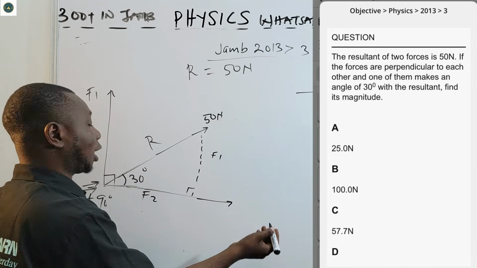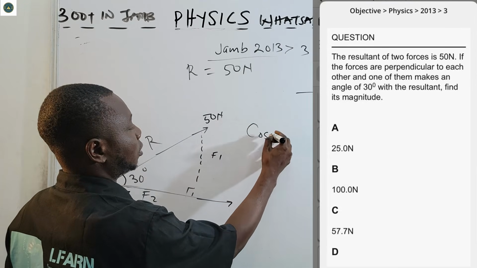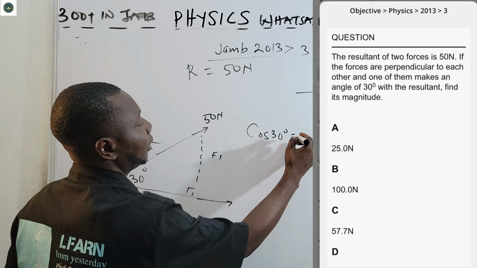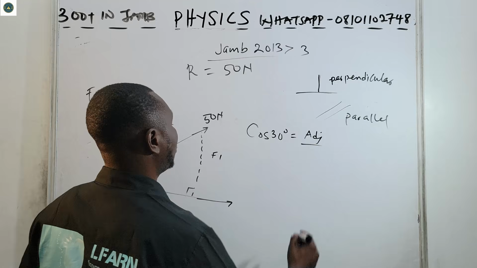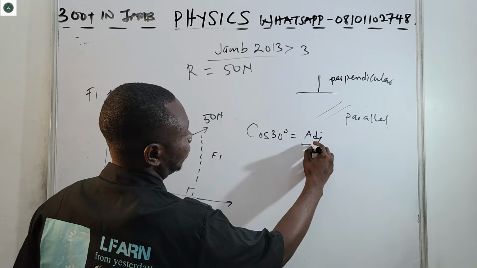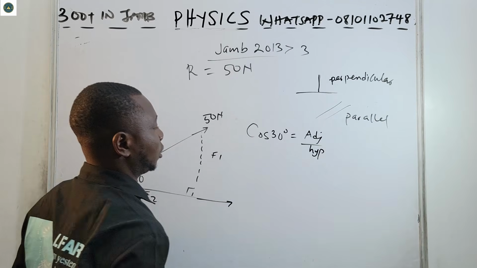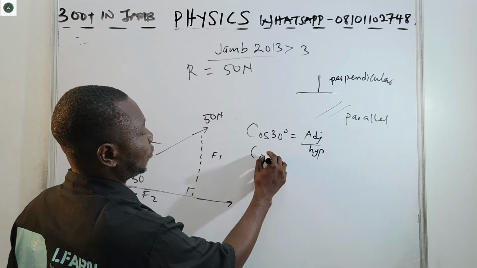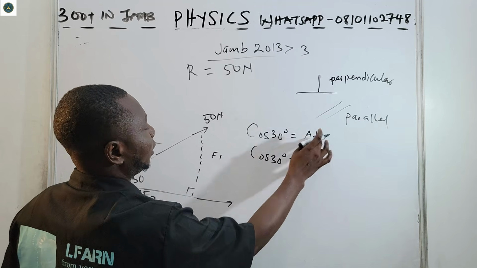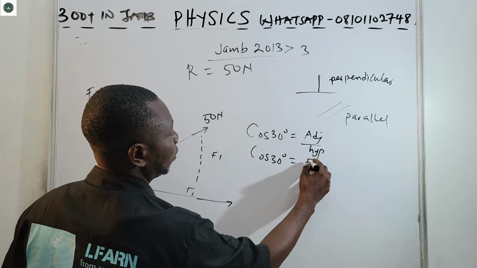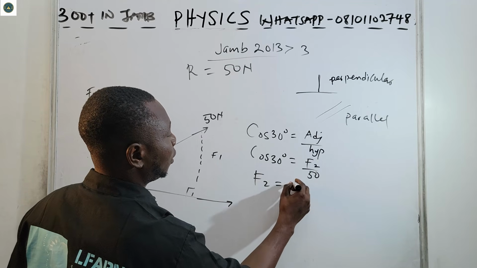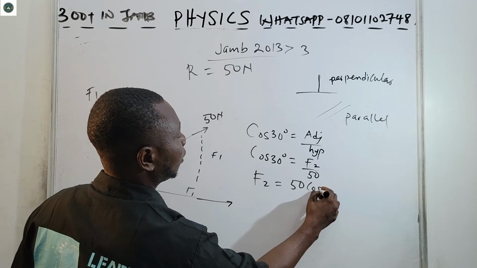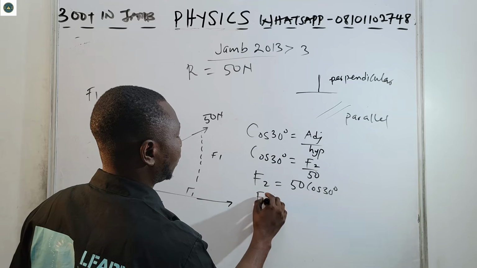So using SOHCAHTOA, cos 30 degrees is adjacent over hypotenuse. The adjacent there is F2. The hypotenuse is 50. So F2 is 50 cos 30 degrees.